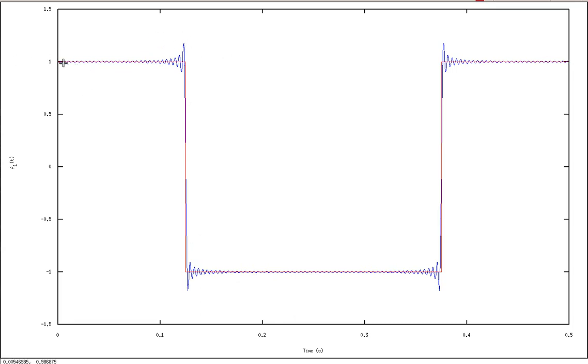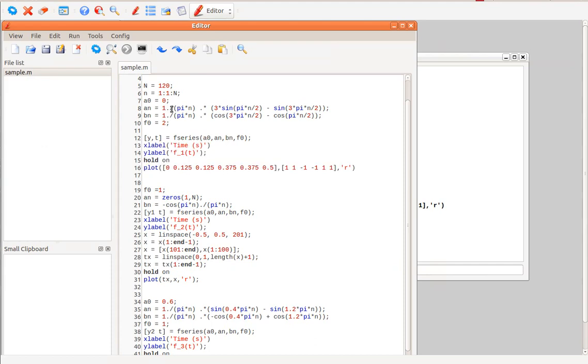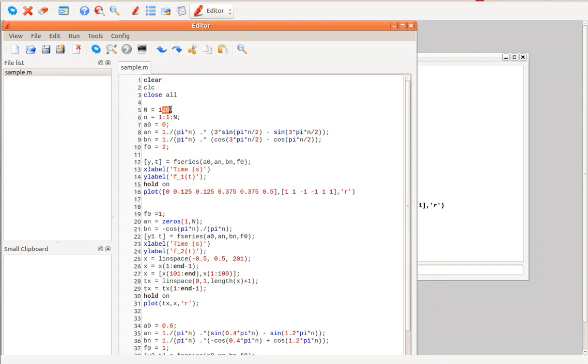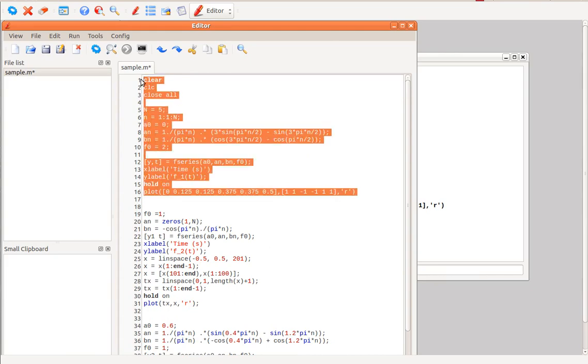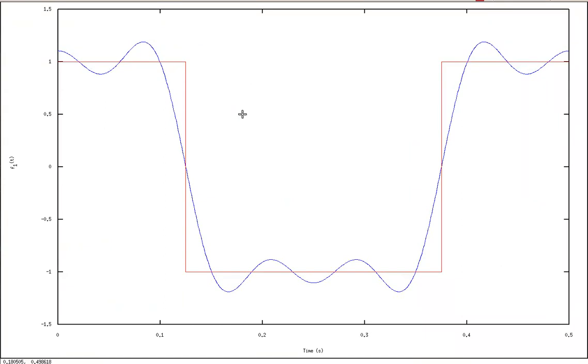Now the more coefficients you use, the closer you will get. So for example, if I didn't choose 120, let's choose some very low number. Let's say we're just using 5 coefficients and we run this code again. Notice your approximation is not very good.